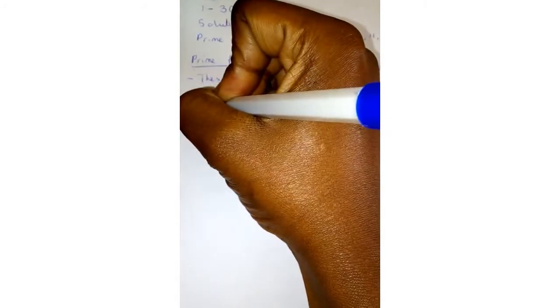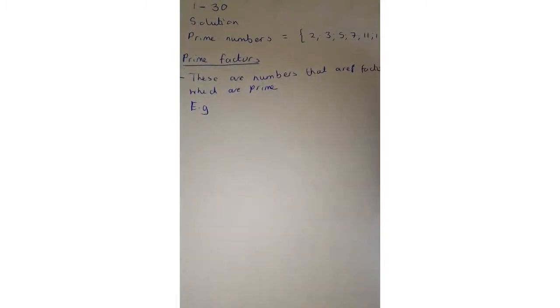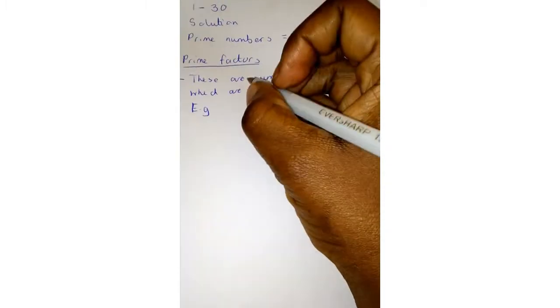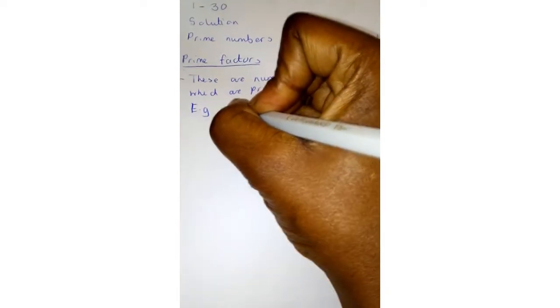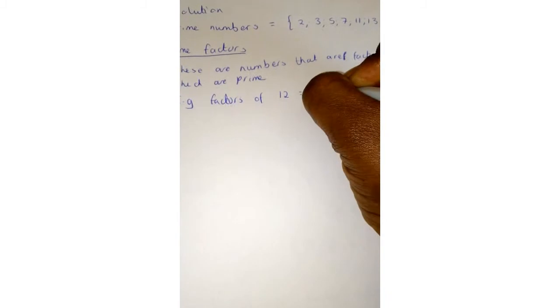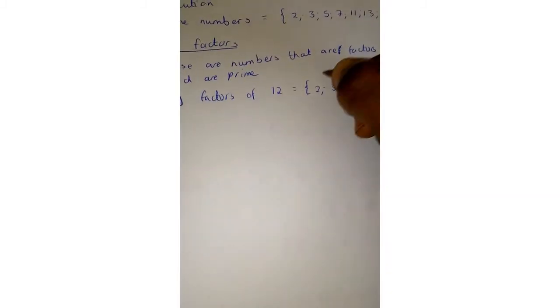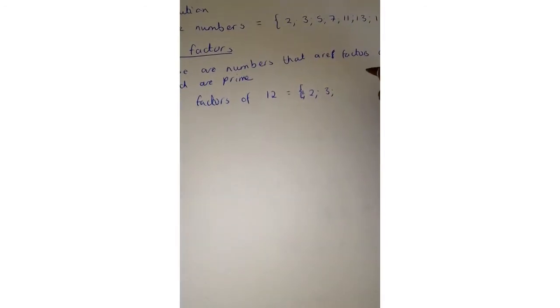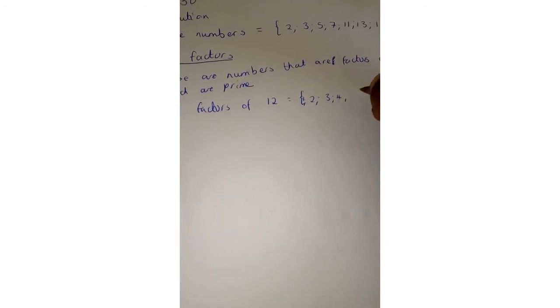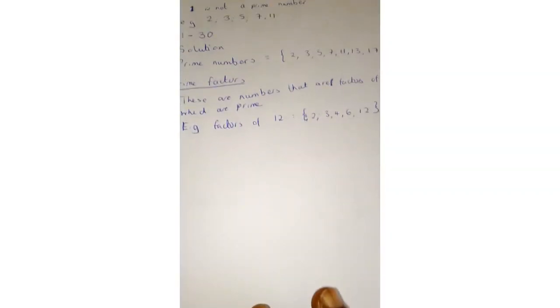Example, given a number like 12, and we saw that the set of factors of 12 is 1, 2, 3, 4, 6, and 12, right? These are factors of 12 according to what we did earlier on.